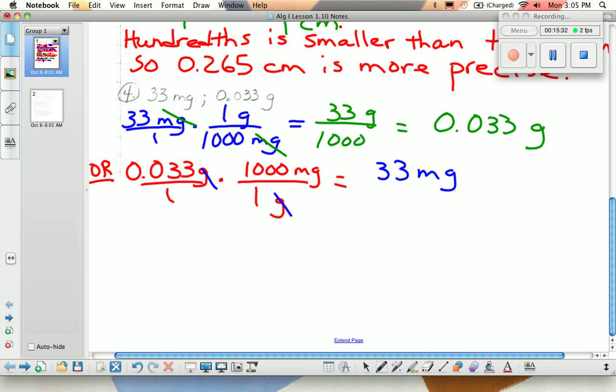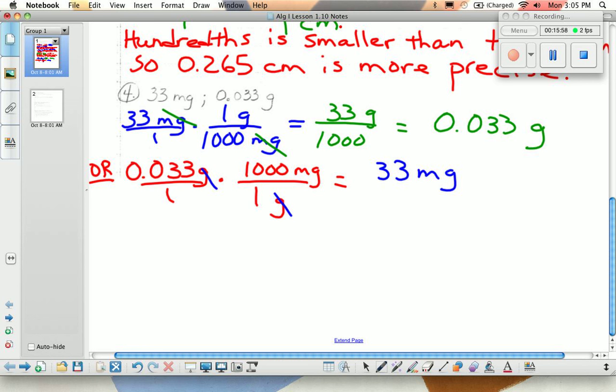I did both conversions, you only really had to do one. What happened when you converted? They're the same. So is one of them more precise than the other then? No. Sometimes it's neither. It doesn't matter. One was measured as precisely as the other. Now, that's because when we converted them, they are to the same unit, not because they look exactly the same.